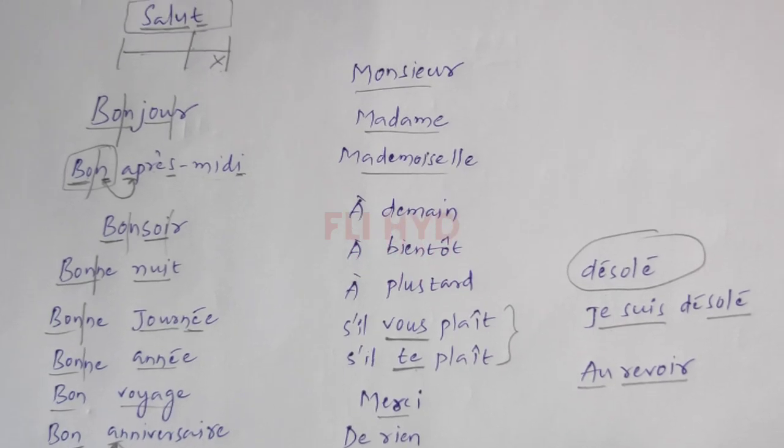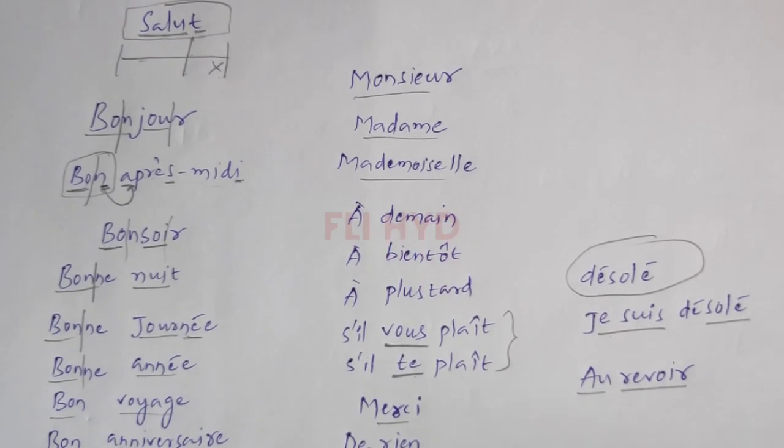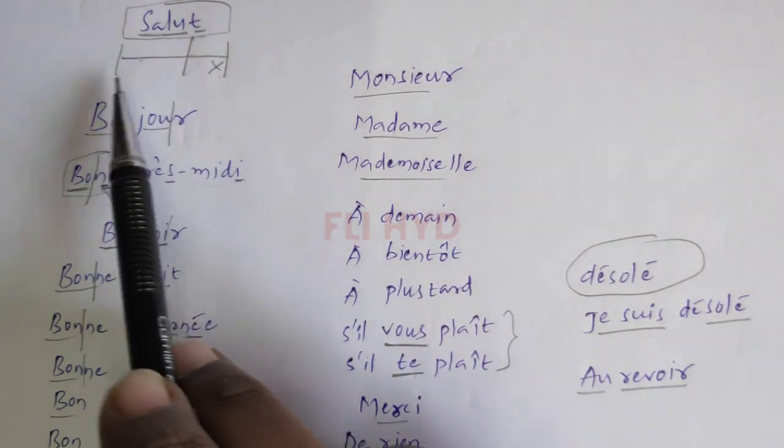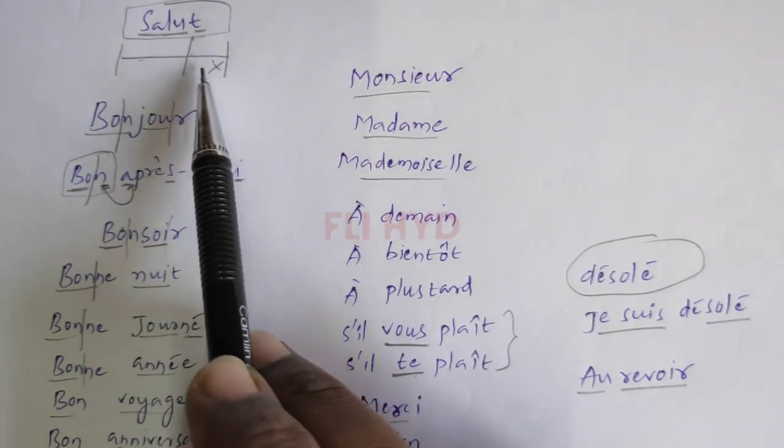Okay, first let's just revise everything once, but you have to remember the very basic rule in French that we don't read the complete word, so you have to skip the endings.